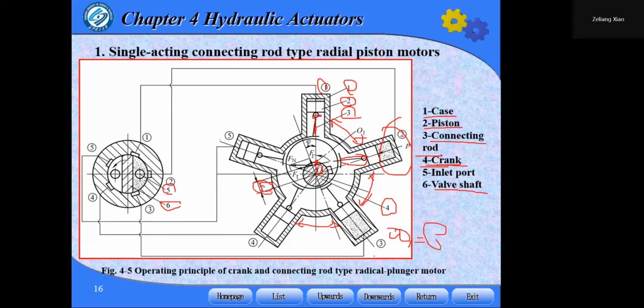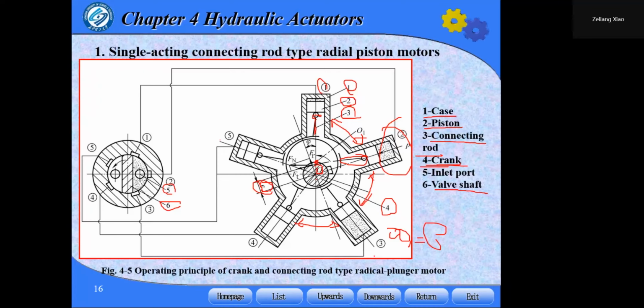The valve shaft 6 and the crankshaft are joined together through a cross key and rotate with the shaft. Pressured oil is distributed to the corresponding piston cylinders by the valve shaft, as shown in this picture.